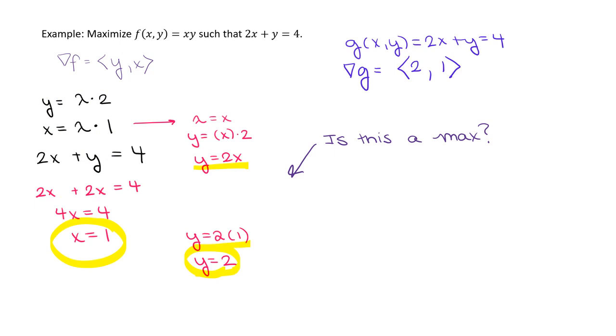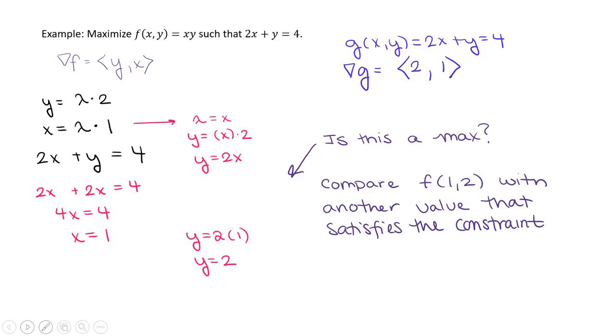Now, is this a max? I hope so, because that's what they were asking me to find. But the easiest way to determine if it's a max is you can compare the function value at the point 1, 2 with any other value that satisfies the constraint.